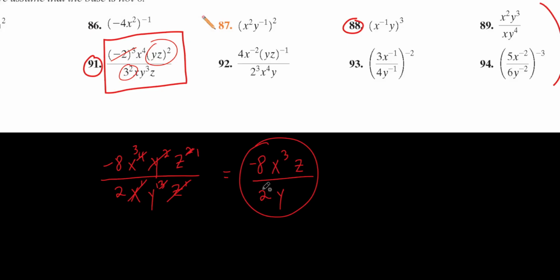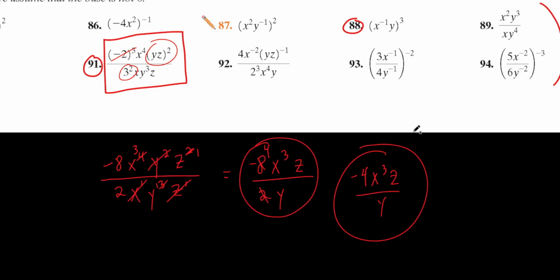So 2 goes into 8 how many times? 4 times. So if it was a 2 down the bottom, then you would just have negative 4 x cubed z over y. Agree? But you had a 9. Remember, that was a 9. And it doesn't reduce, so you just keep it like that.